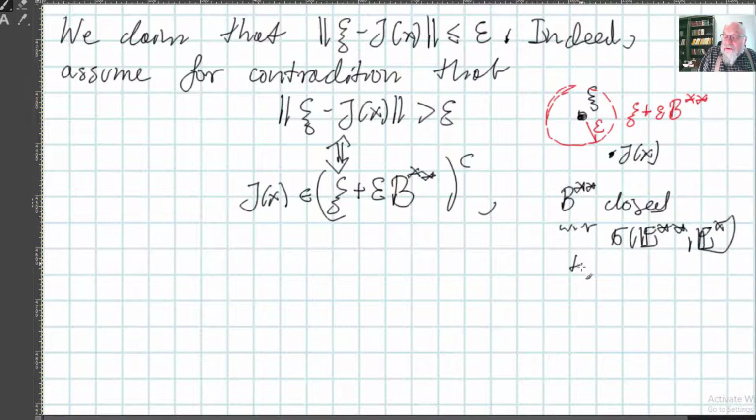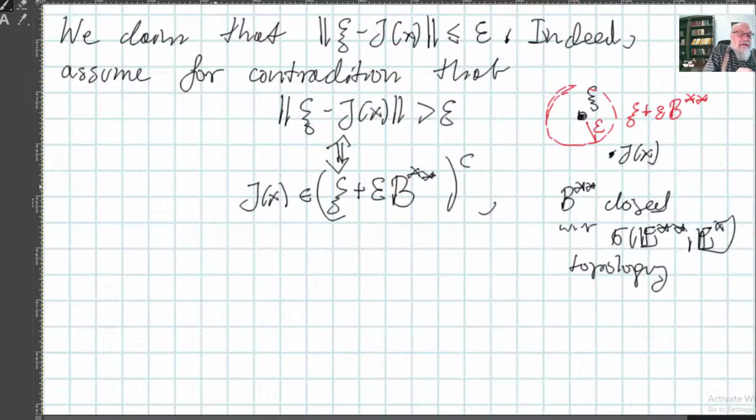But if you remember, the weak star topology is a topology of a topological vector space, so you can shift the sets and you can scale the sets and they preserve their closedness and their openness. So in this case, that means simply that set here, call it W.